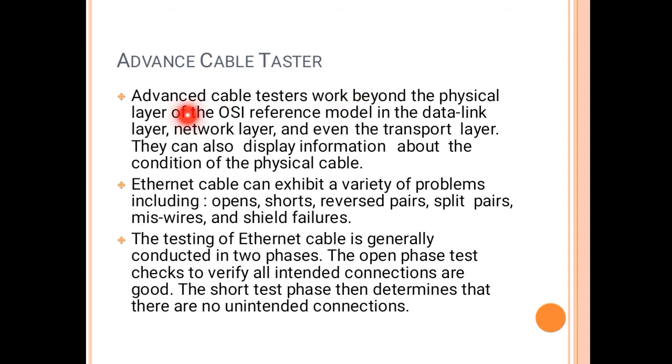What is OSI? OSI stands for Open Systems Interconnection reference model. Advanced cable testers work beyond the physical layer of the OSI reference model, in the data link layer, network layer, and even the transport layer.